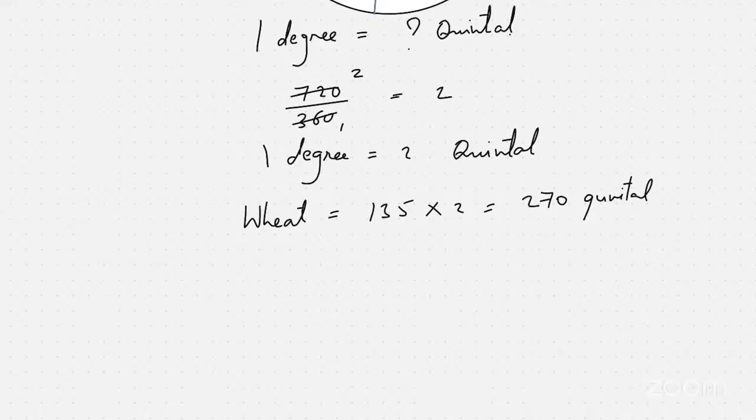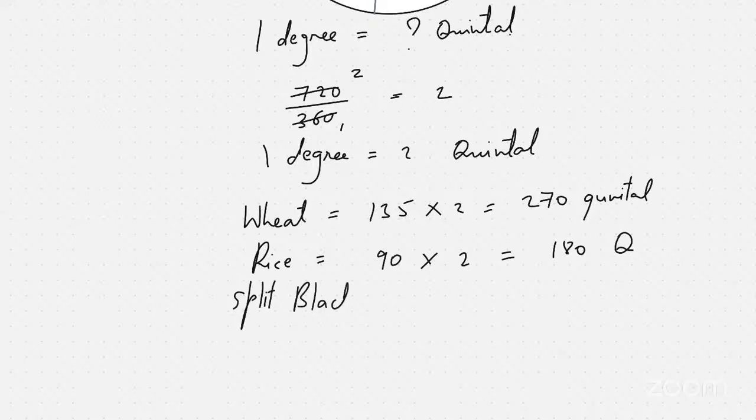In the same way, after wheat we have rice. Rice is 90. 90 into 2, 180 quintal. Then after rice we have split black gram. Split black gram is 45. 45 into 2, 90 quintal.